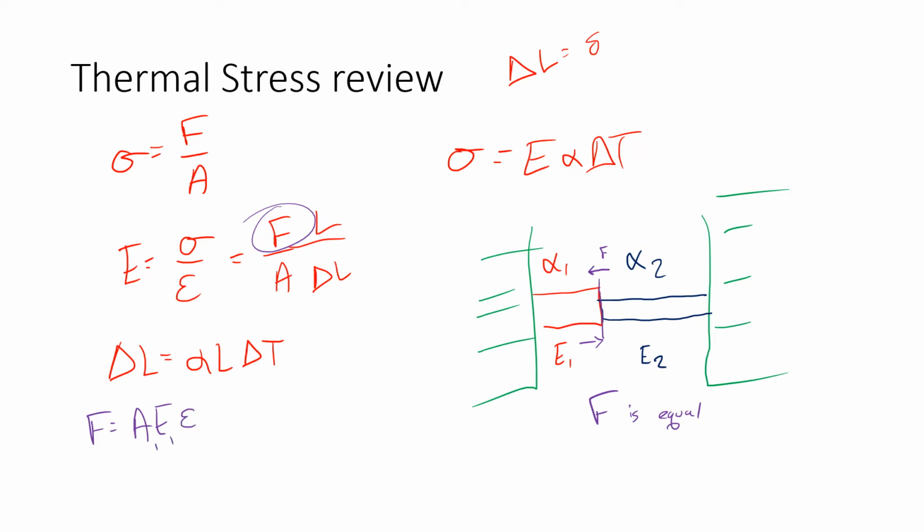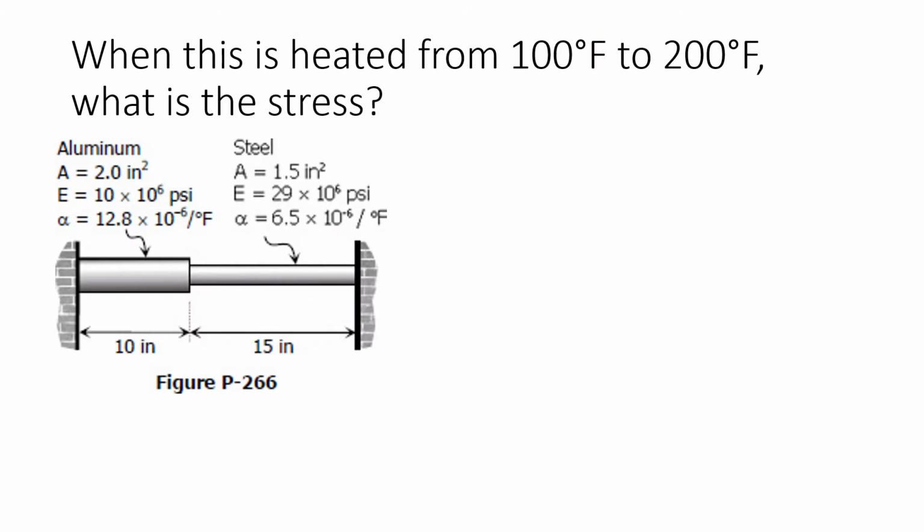So this for one thing is going to equal A2 E2 epsilon 2. Now where's the strain going to come from? The strain is going to come from our formula here. We have to figure out what the changes in length are. But it'll be a little annoying because the change in length is dependent on temperature and it's dependent on force.